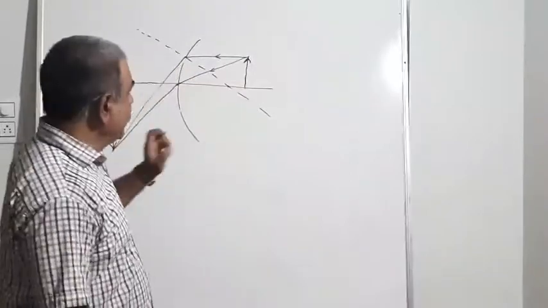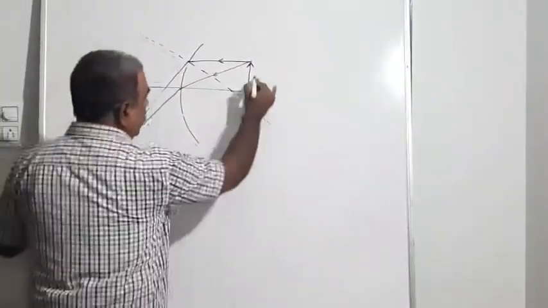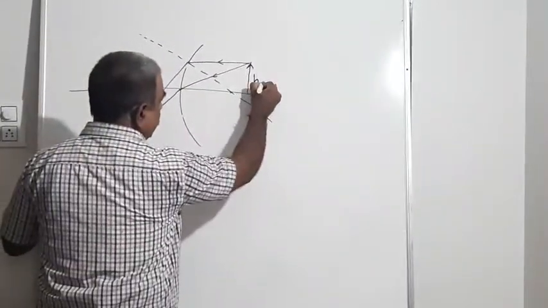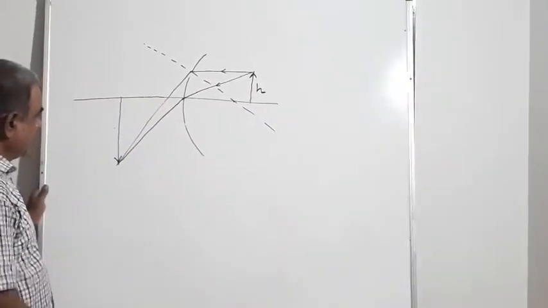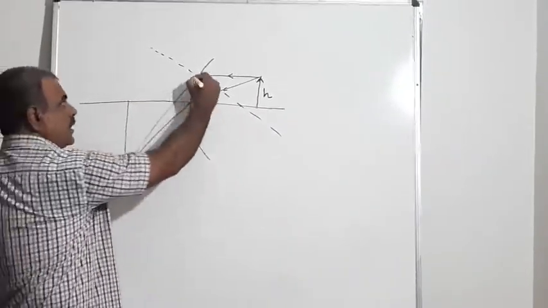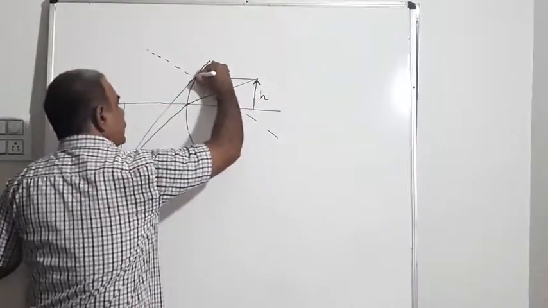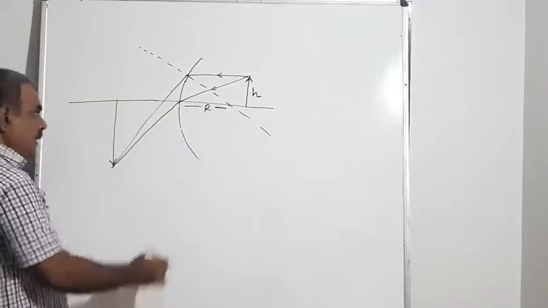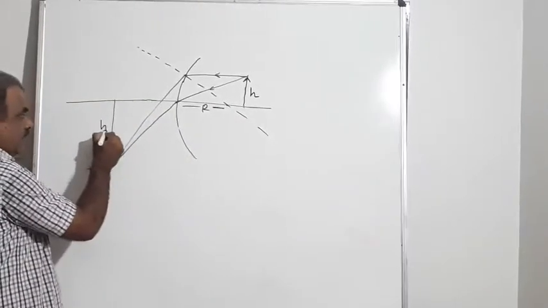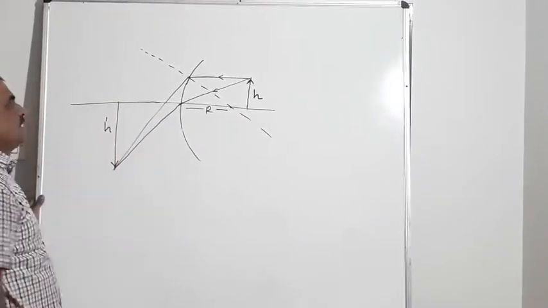Now here we are having an object of height h, which is kept perpendicular to the principal axis of the curved surface. This is our curved surface of radius of curvature r. And an image of height h dash is created over here.